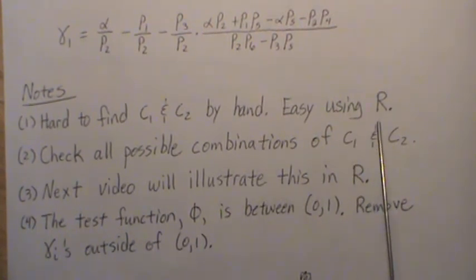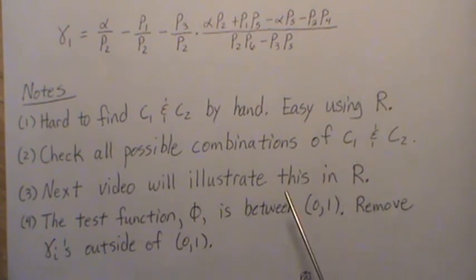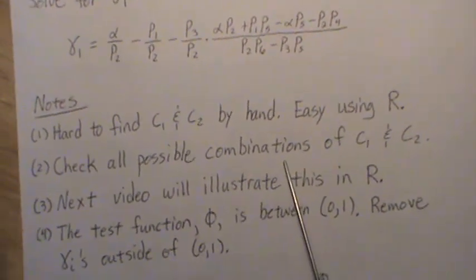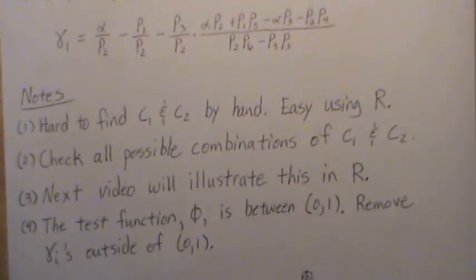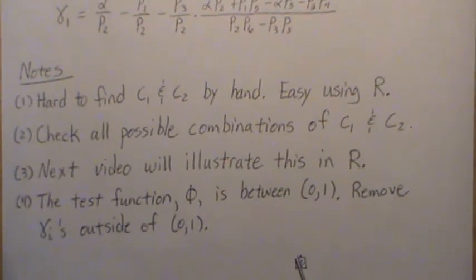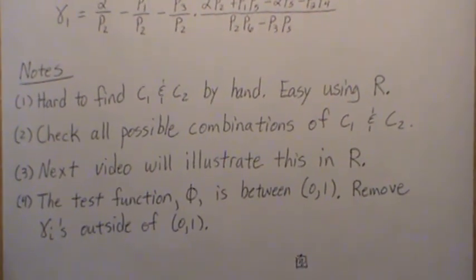It's so easy to solve in R. So I stopped, and in the next video we'll look at that. So we check all combinations of C1 and C2. We see if they meet this criteria. If they don't, we get rid of it. If they do, we keep it, and it's unique. So there's only one set of C1 and C2 that makes this possible. So our next video will illustrate this in R.